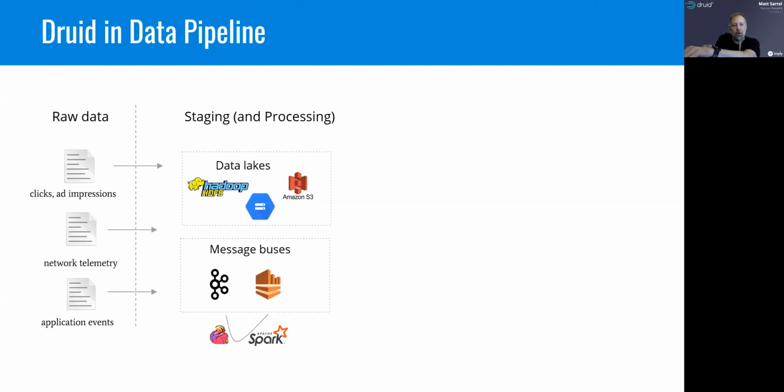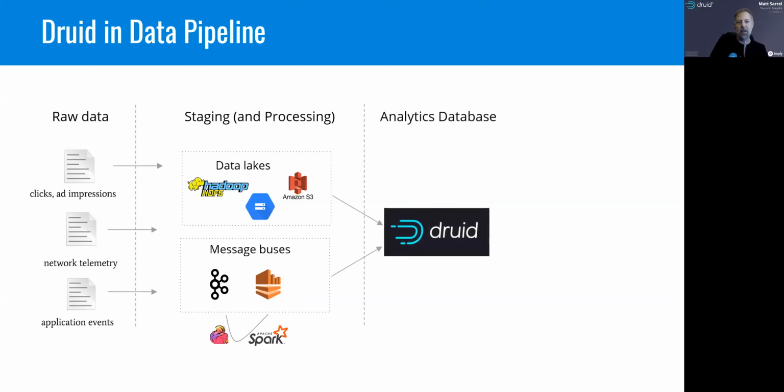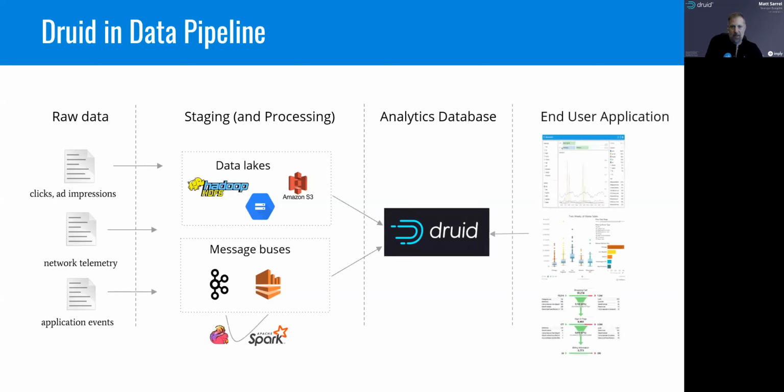Then you can pull from it when you do all your analyses, or throw it up into a message bus, like Kafka, or even just have it streaming in through Kafka, and bring that then into an analytics database, and then build your end user applications on top of it.